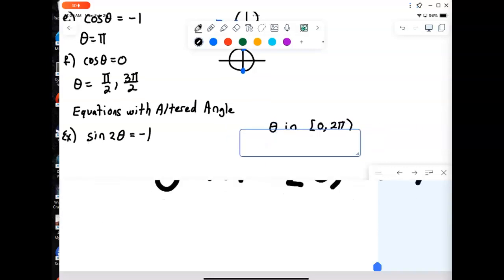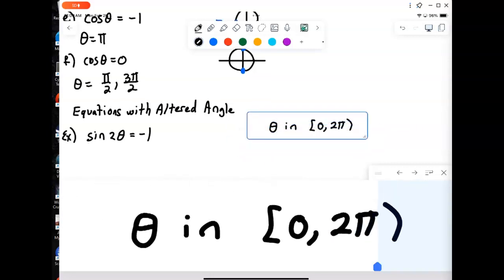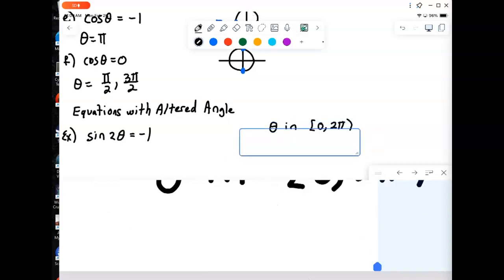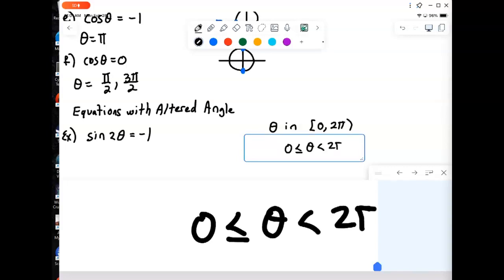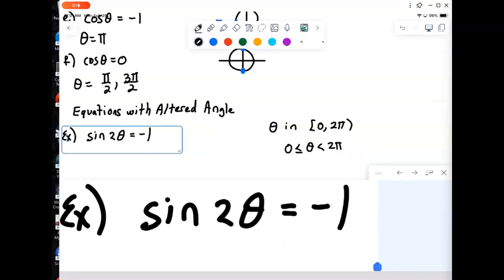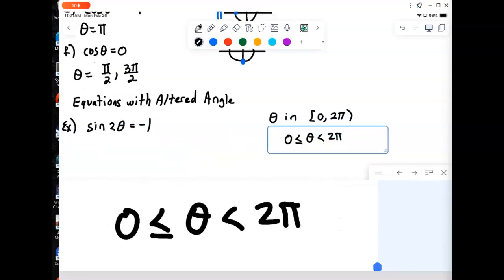Another way of writing that is to say that theta is inside this inequality, 0 to 2 pi. But now we're not solving for theta initially. We will eventually solve for theta, but initially we're solving for the angle here, which is 2 theta.